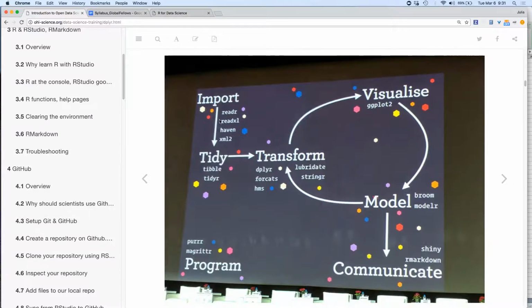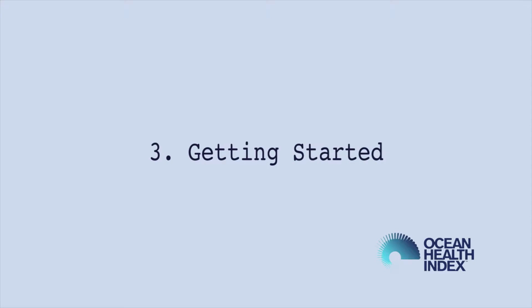So there are packages to import your data, whether it's in Excel or CSVs or from a database or from PDFs or from images. There are different ways to import them. And so we're tidying and transforming. We're going to be in this transforming period today using dplyr mostly. All these packages written on this graphic are part of the Tidyverse suite of packages.